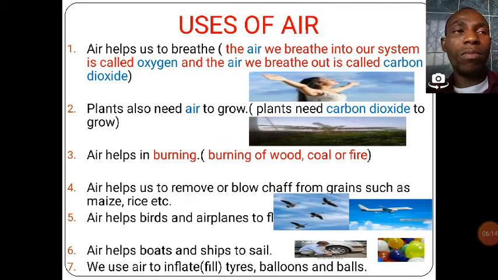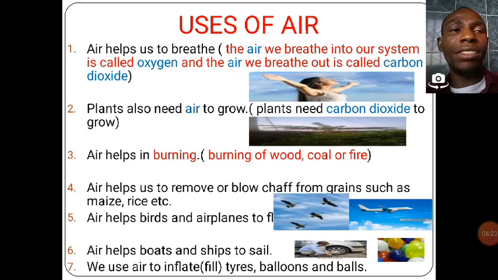Air supports burning, or air helps in burning. And so therefore, for something to burn in the presence of fire, there should also be the presence of air. And so we say air helps in burning of wood, coal, or fire, and other things too.